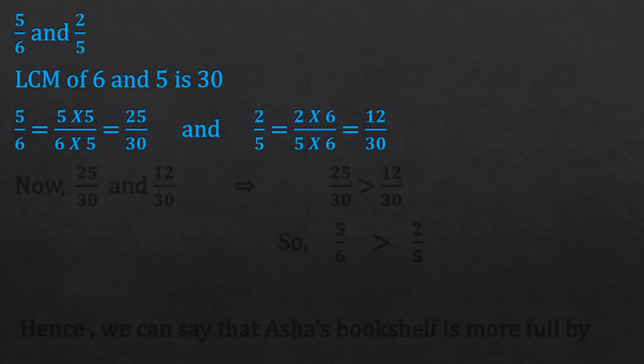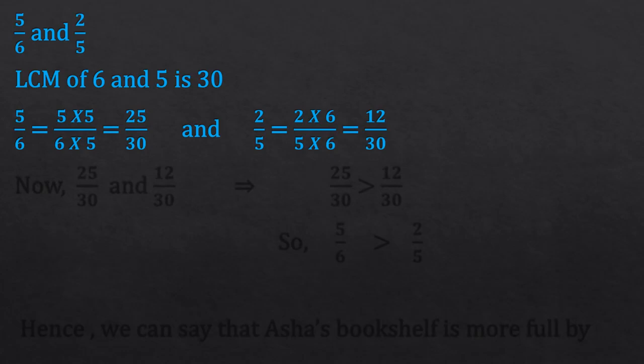By multiplying 6 by 5. 6 5s are 30, and if we multiply the denominator by 5, we will multiply the numerator also by 5. So 5 5s are 25. So our new equivalent like fraction is 25 upon 30.